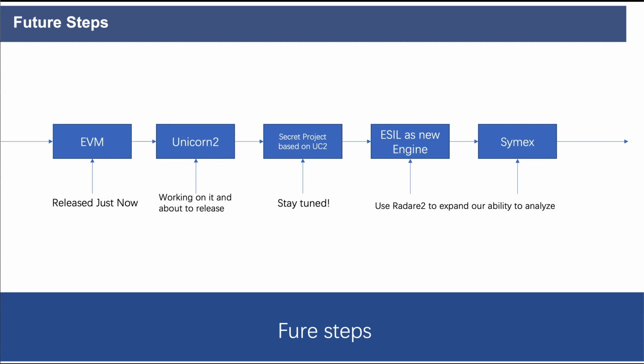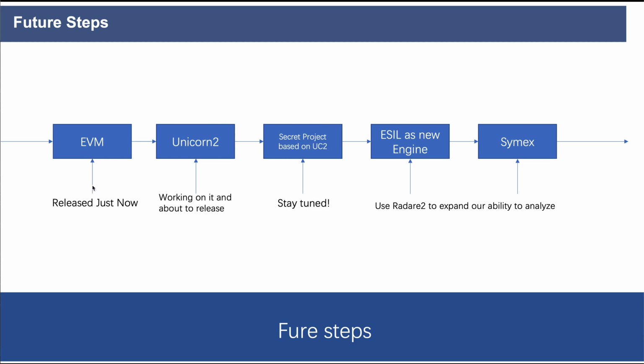So in order to release the symbolic execution, we are waiting for Unicorn 2 to be released, and then we may have the engine module, and we can introduce ESIL as a new engine, and then we can implement the symbolic execution based on ESIL, and then we have a better collection of the extension.